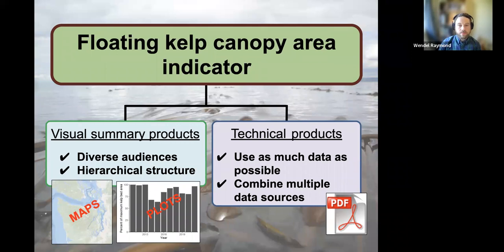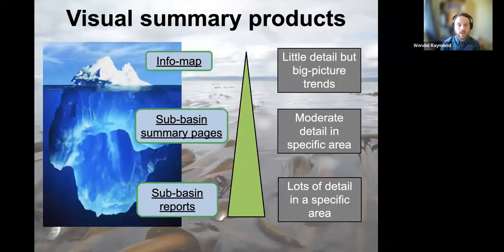So next slide. What we're going to spend a lot of time doing today is walking through the visual summary products. They're set up in this 3-tiered hierarchical structure. At the top is the info map, in the middle is sub-basin summary pages, and then down at the bottom is sub-basin reports.